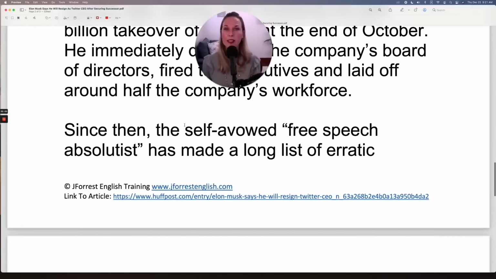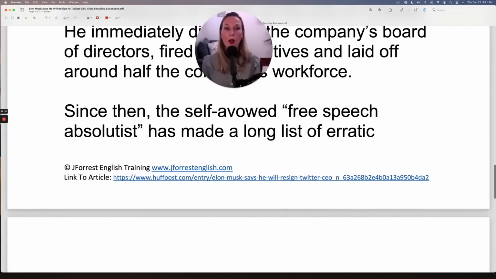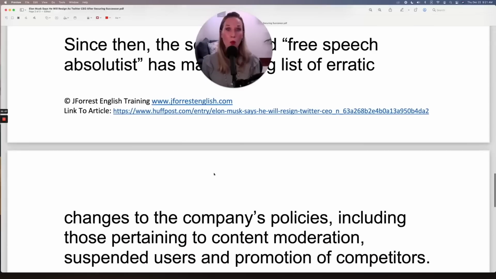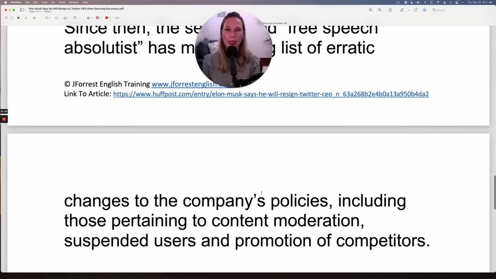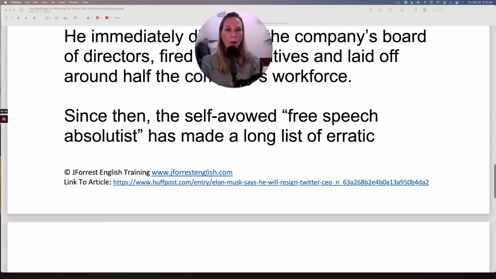Since then, the self-avowed free speech absolutist has made a long list of erratic changes to the company's policies, including those pertaining to content moderation, suspended users, and promotion of competitors. Let me explain this adjective. I think it's quite useful. Erratic.